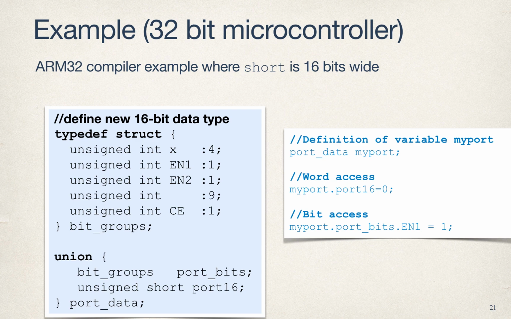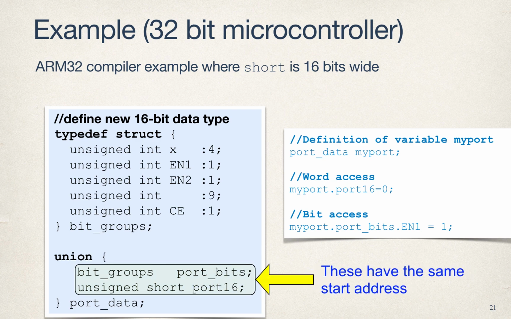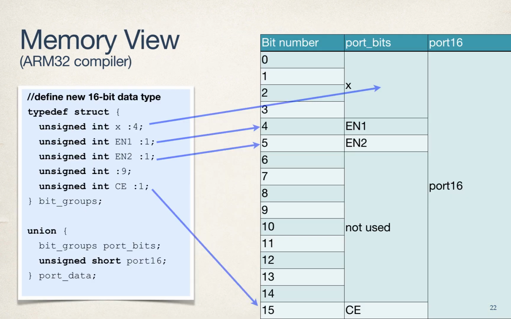Using the same example, let's look at it from a memory point of view. So bit numbers 0 to 15. The first 4 is X, then it's EN1, then EN2, then there's a blank. Now notice this blank here. There's no label, so we're just burning 9 bits.